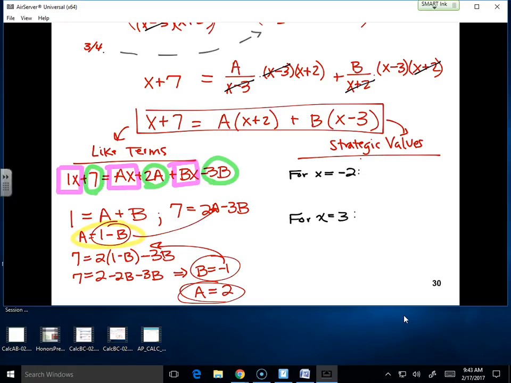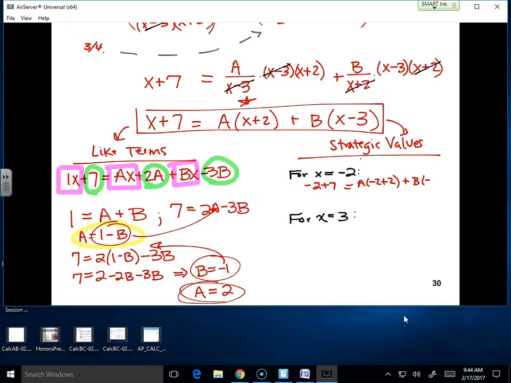The strategic values are negative 2 and 3. The name of the game is plug it in. Negative 2 plus 7. Where am I plugging it into? My equation, of course. Equals A times negative 2 plus 2 plus B times negative 2 minus 3.